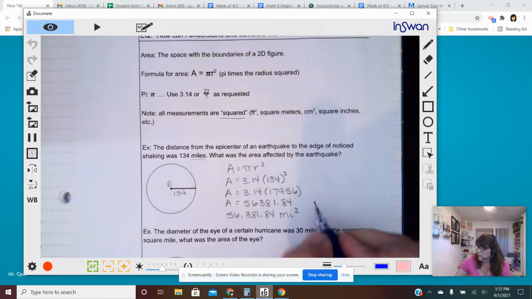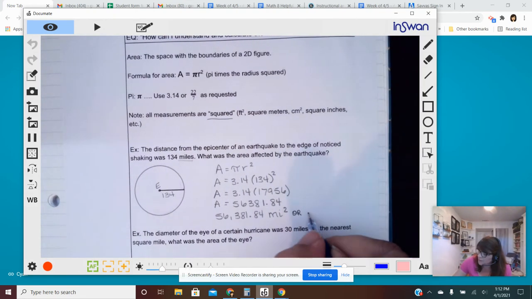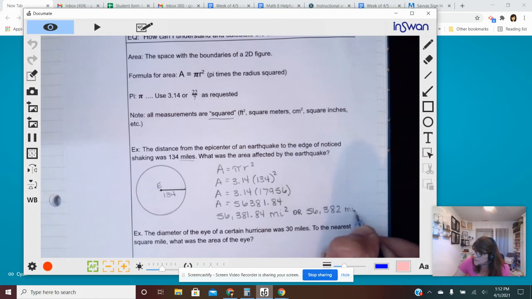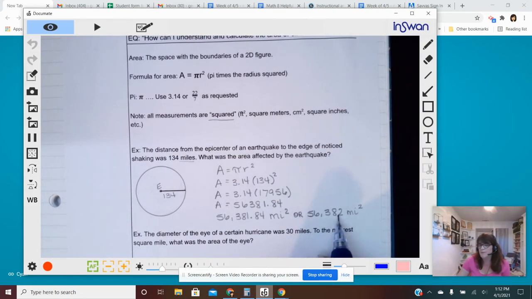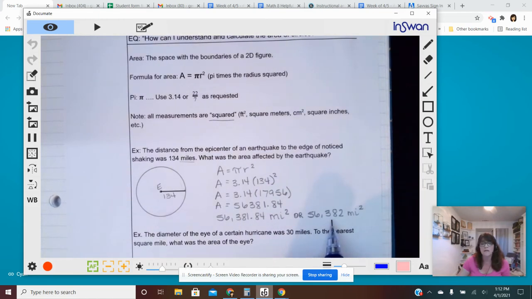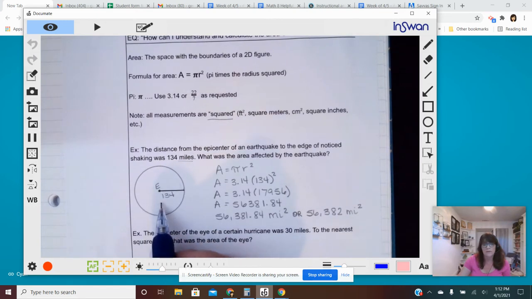If I was writing this, say, in a newspaper article, 56,382 square miles. I would save myself that little bit of digital space because that is such a good rounding number. That's a lot of area affected by this earthquake.